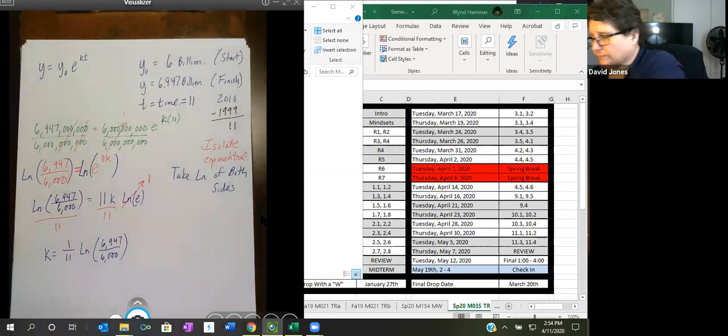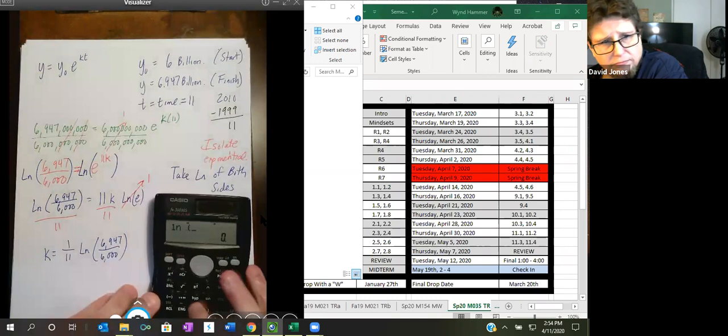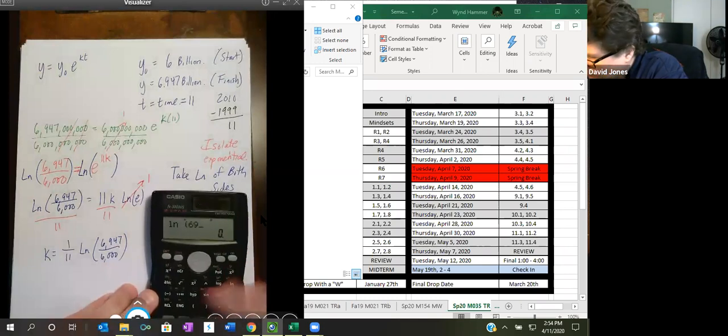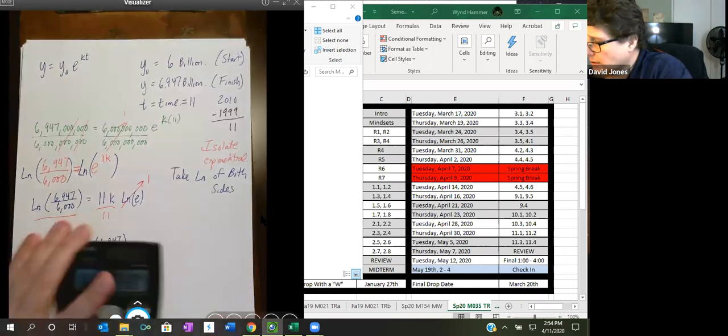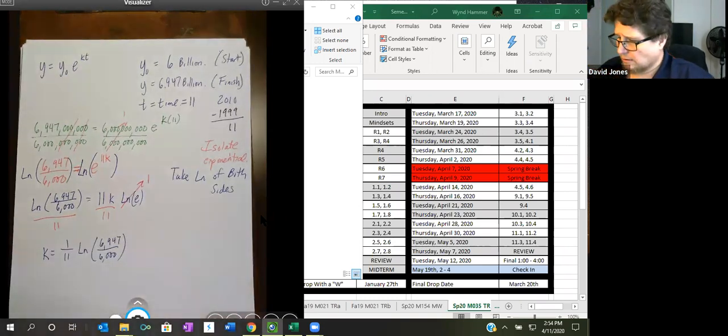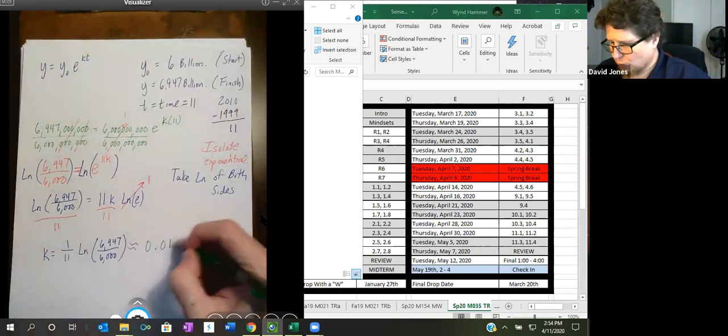Let's find out. That's the natural log part. Then we divide by 11. And we get approximately 0.0133.